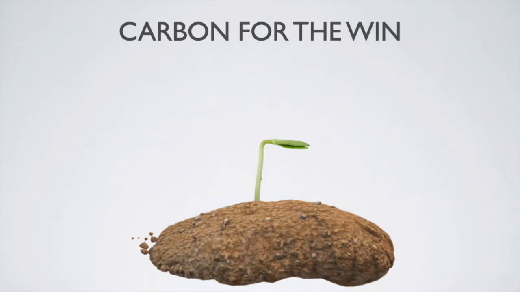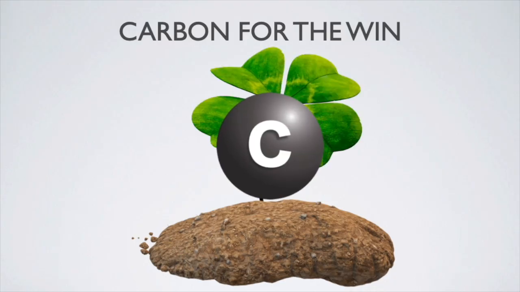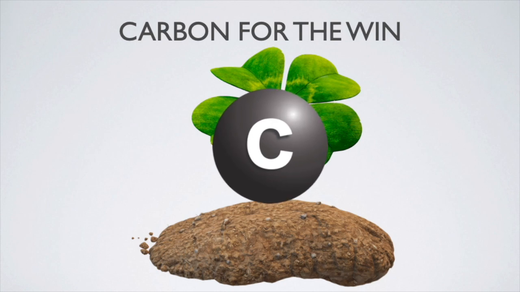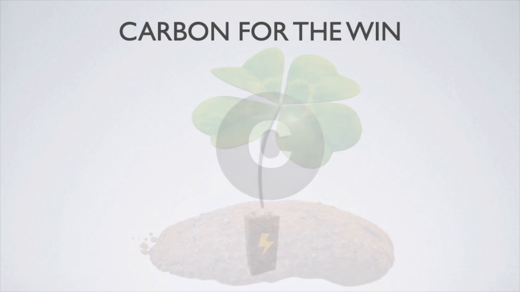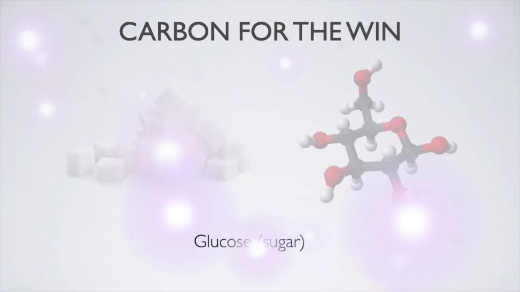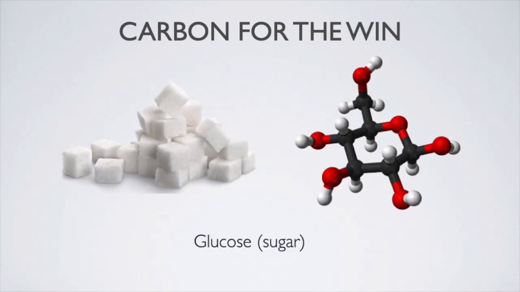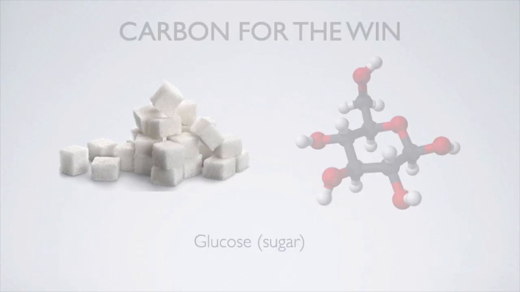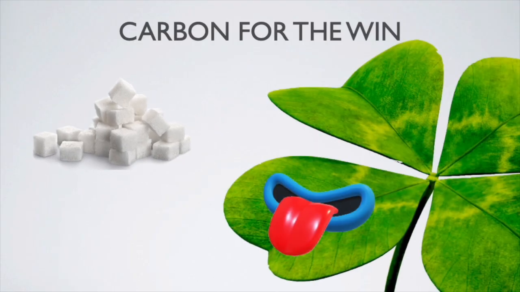As all living beings, plants need carbon to grow and to make energy. But how do they do this? To do so, it all starts with glucose, a type of sugar. This sugar will be used by the plant to produce energy, but also to produce plant material and grow.